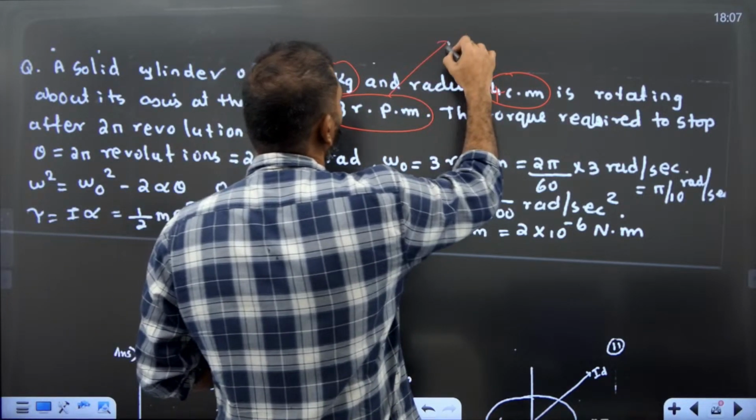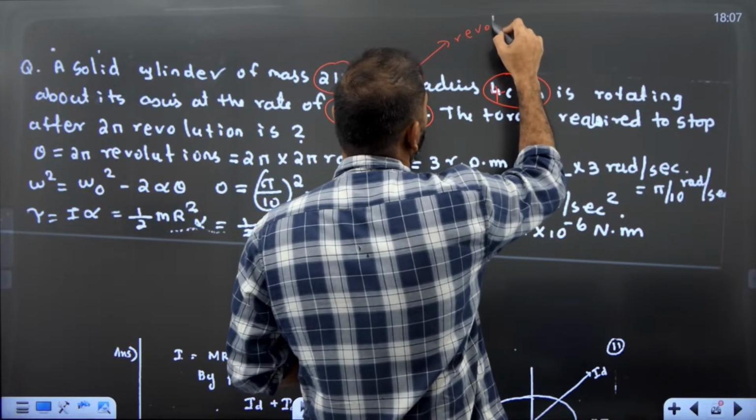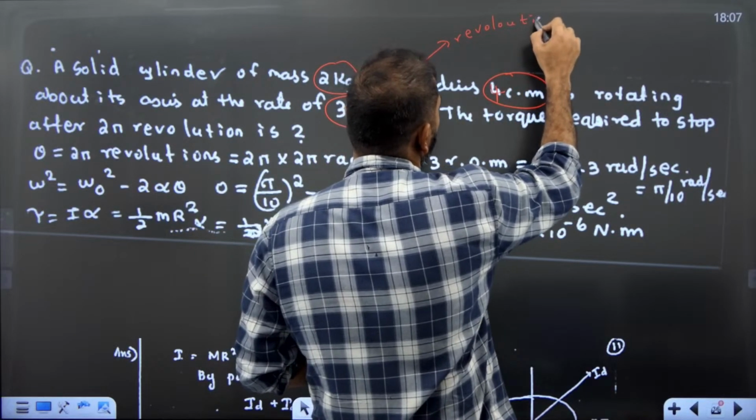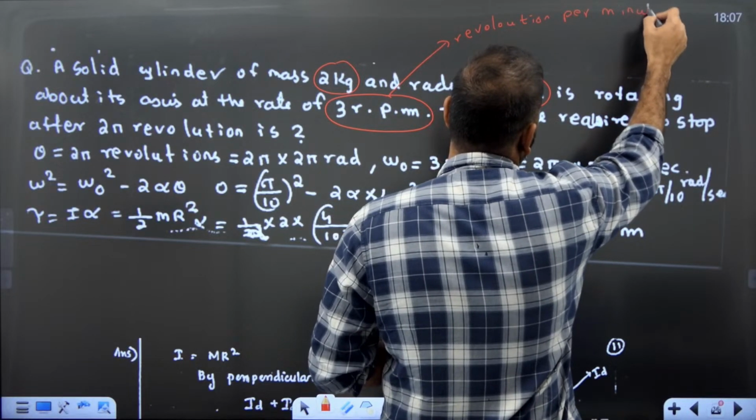RPM stands for revolution or rotation per minute, both are the same. Always remember, the SI unit is per second. So RPM should be converted to RPS.